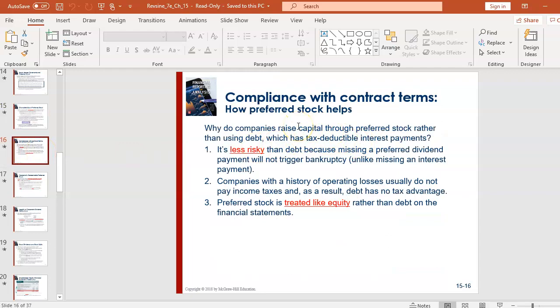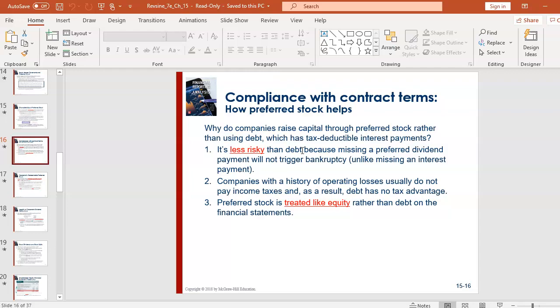Okay, so preferred stock helps, especially when it comes to compliance with contractual terms, because it's less risky. Debt, if you miss a debt payment, if you miss a principal payment or an interest payment with debt, that could trigger a bankruptcy proceeding.